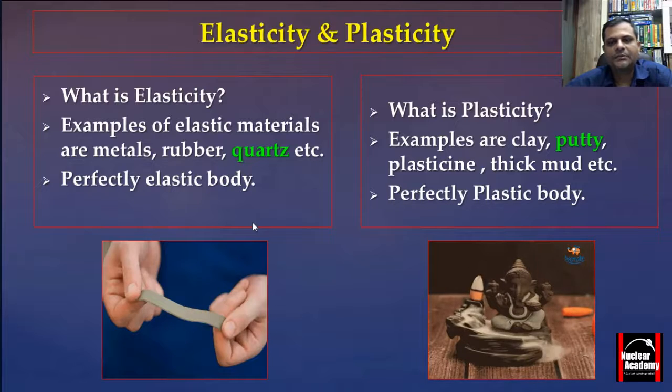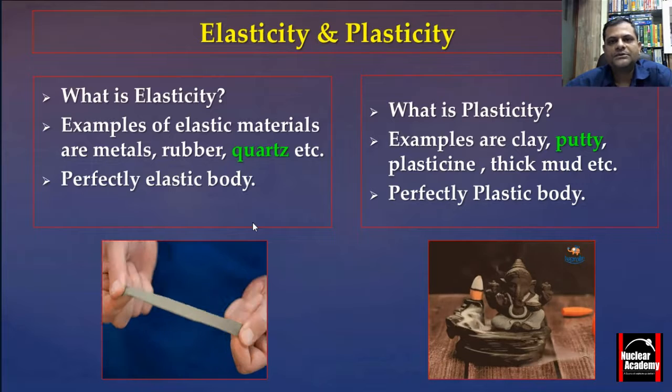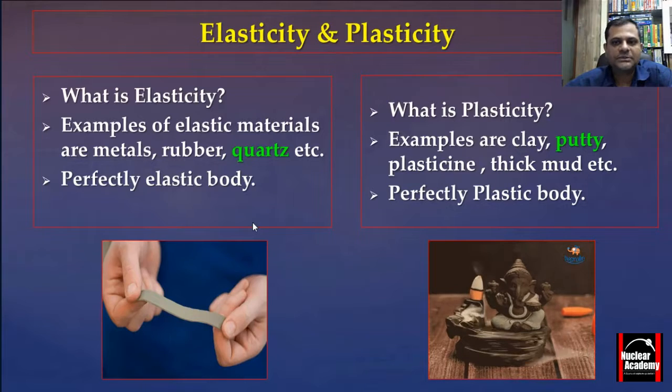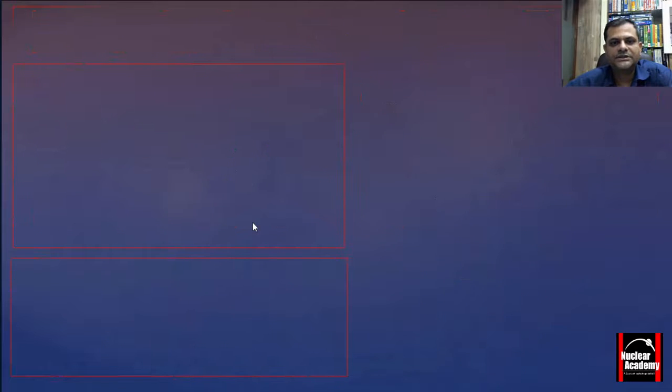Plasticity, on the other hand, is the property due to which the substance gets deformed when the deforming force is applied, but doesn't regain its original shape and size even if the deforming force is removed. This is called plasticity.